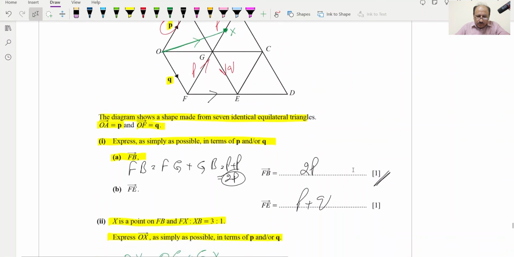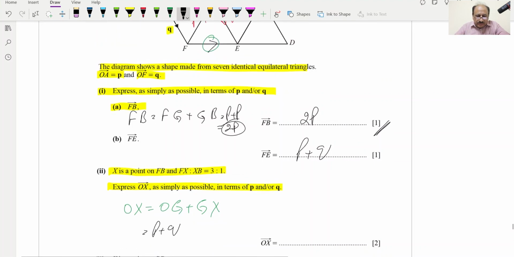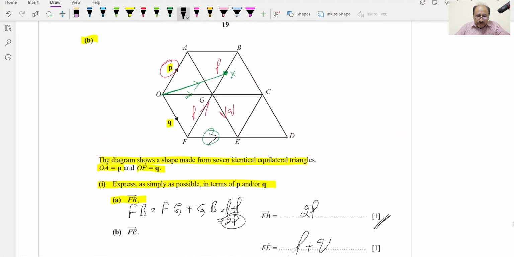We know that this is equal to FE. OG and FE are the same, so this will be equal to P plus Q, and GX is what?